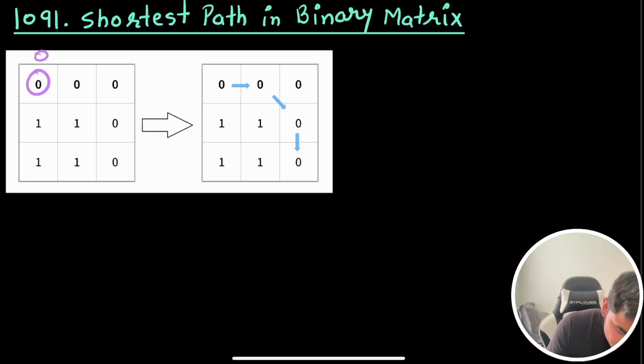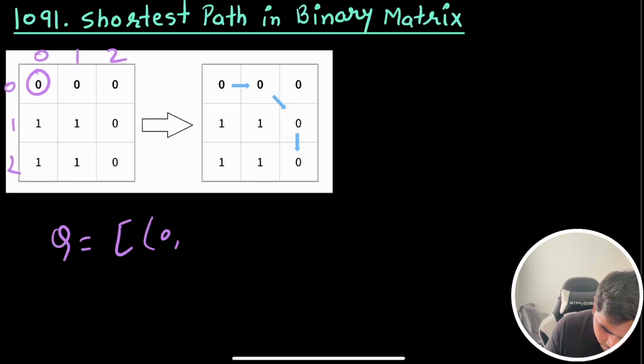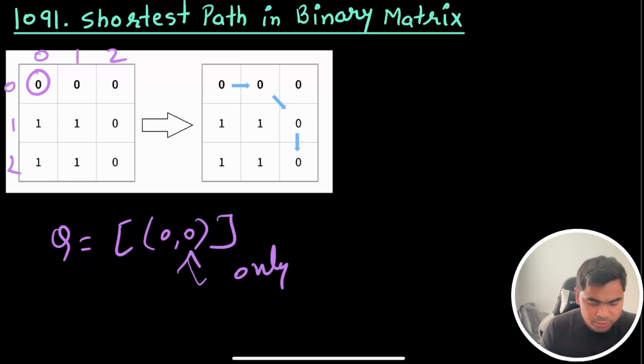If this is 0 1 2, 0 1 2, I will be appending that to my queue, so that is 0 0. But remember, I'm only appending this if this value is a 0. If this is not 0, then you cannot go to the bottom right corner, and you will return -1, and we will handle that. But if that is a 0, you append that to your queue, and then you start your while loop.